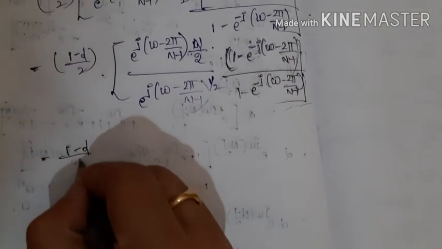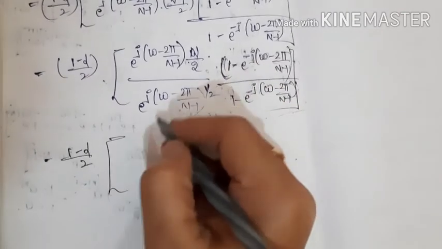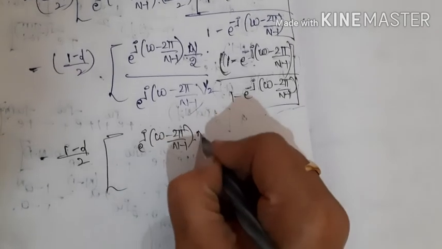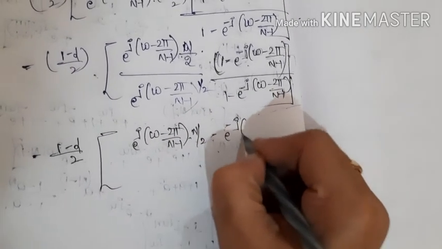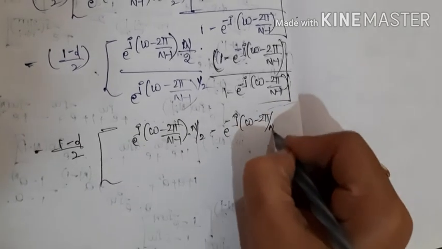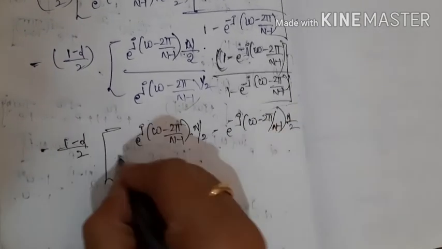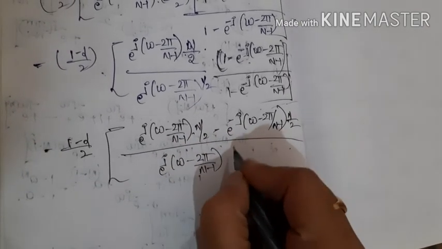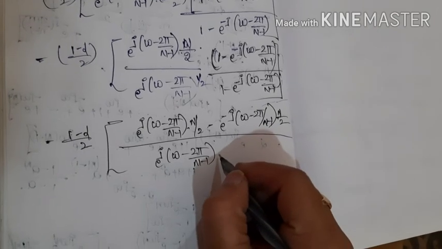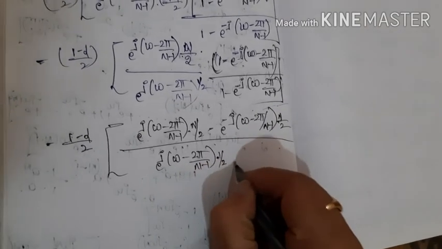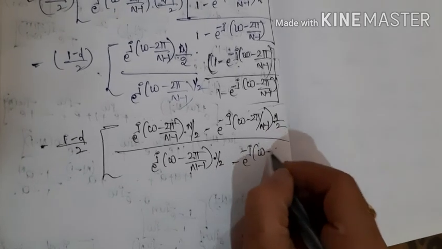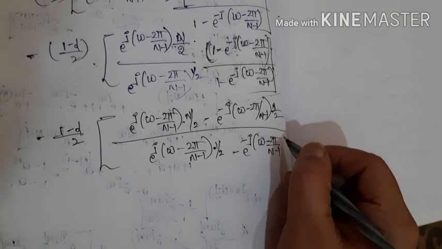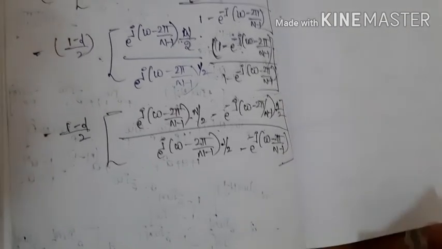So 1 minus alpha by 2 into multiply inside e power j omega minus 2 pi by n minus 1 into n by 2 minus e power minus j omega minus 2 pi by n minus 1 into n by 2 by e power j omega minus 2 pi by n minus 1 into 1 by 2 minus e power minus j omega minus 2 pi by n minus 1 here.